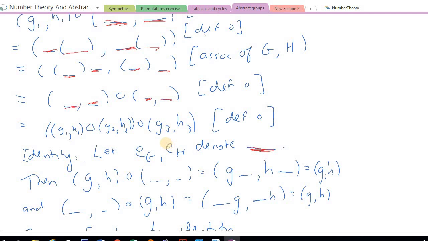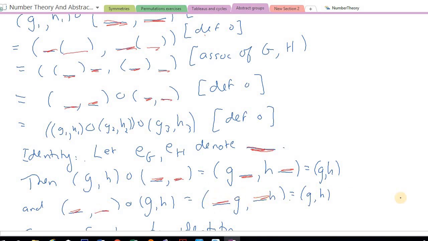And remember what you have to show: any element of the product group composed with the identity will be equal to that same element of the product group. And the identity composed with any element of the product group is that same element of the product group. So you have to fill in those blanks and figure out what the identity element is going to be. I think it shouldn't be too tough to figure that out.